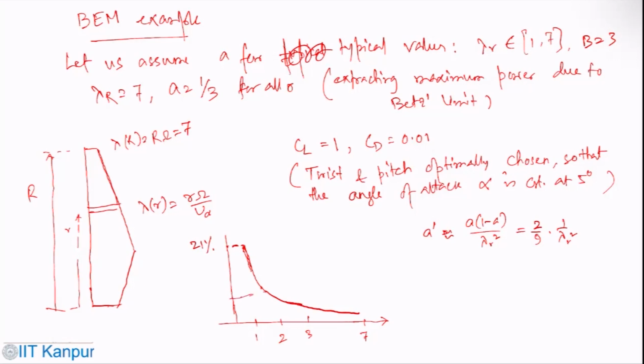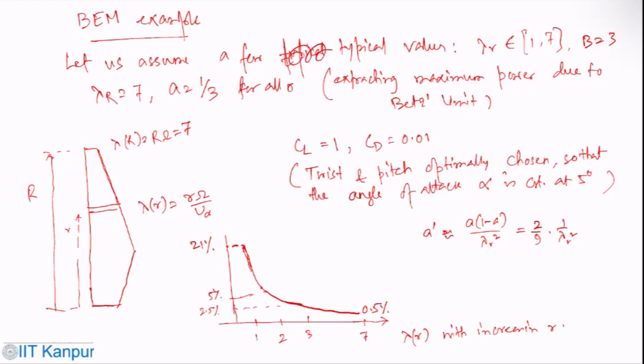Somewhere you get 5%, and this one is something 2.5%, and this is 0.5%. Okay. So this direction, lambda r with increasing r.